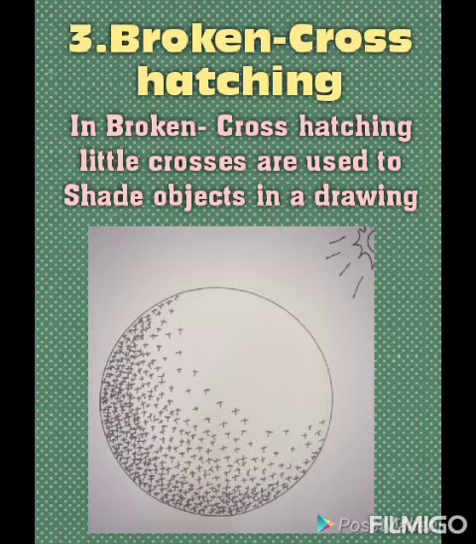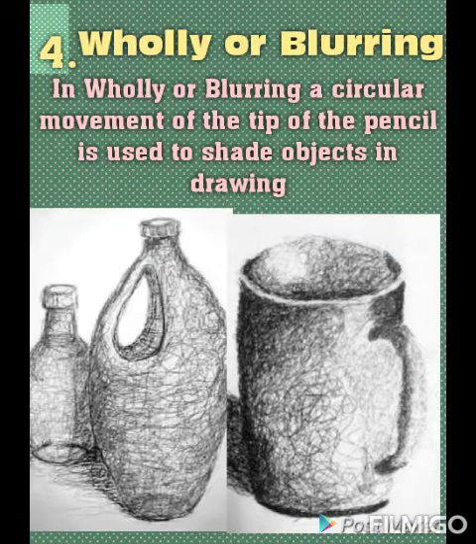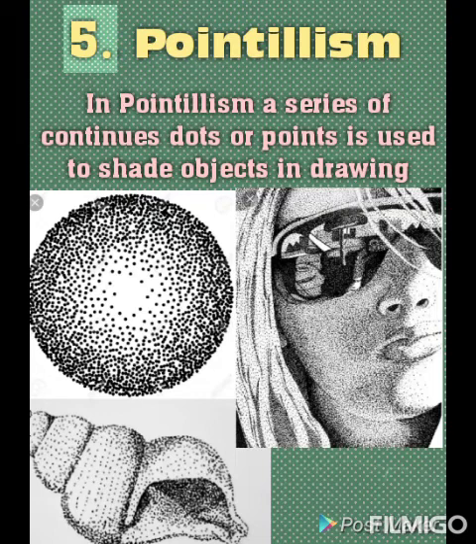Now, what is woolly or blurring? In woolly or blurring, a circular movement of the tip of the pencil is used to shade objects in a drawing. You simply tip or lie the point of the pencil down and shade in a rather circular movement.